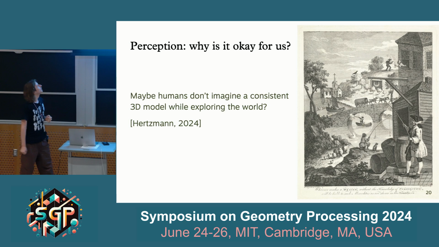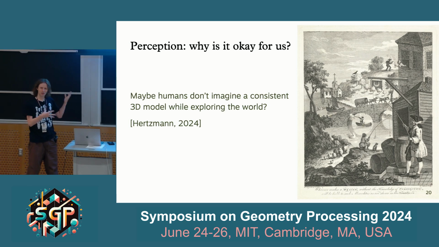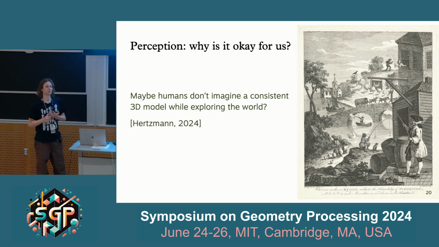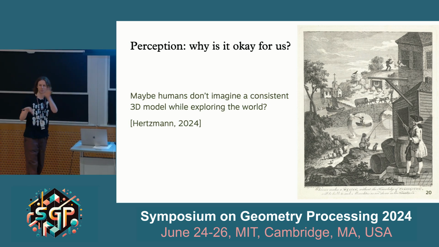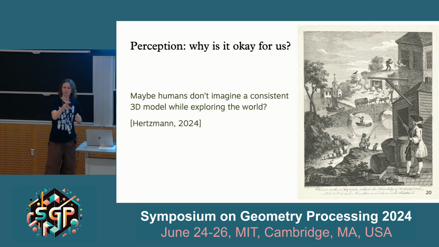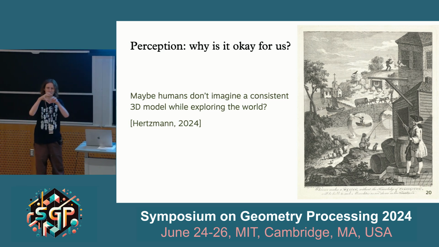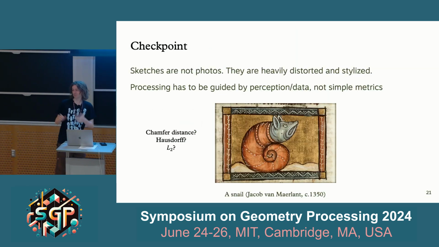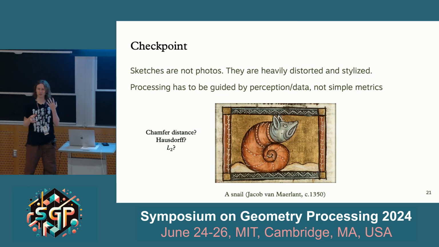Anyway, the current theory by Hertzmann is that maybe humans actually don't imagine a 3D object or a 3D scene consistently as they're exploring the world. Maybe it's piecewise. You explore, you understand a little piece of the world, and then you don't actually connect the puzzle pieces. So the point, a little checkpoint, is that sketches are really not photos.